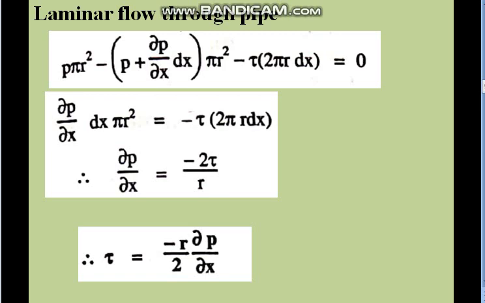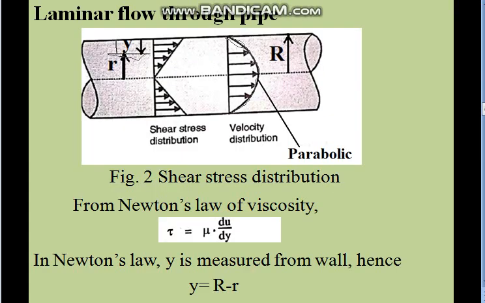So one more equation for tau, shear stress, is from Newton's law of viscosity. Now see the diagram shown in figure 2. It shows the shear stress distribution on the left hand side. You can see the shear stress is 0 at the center line.